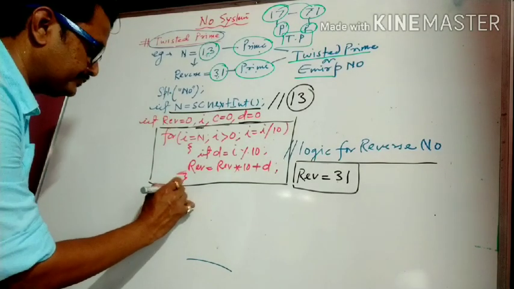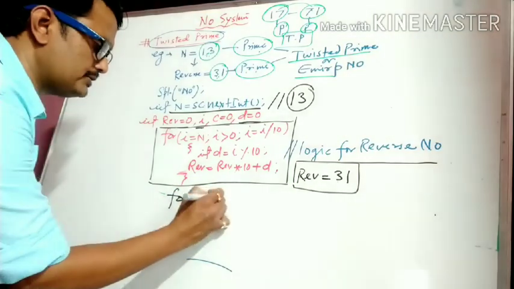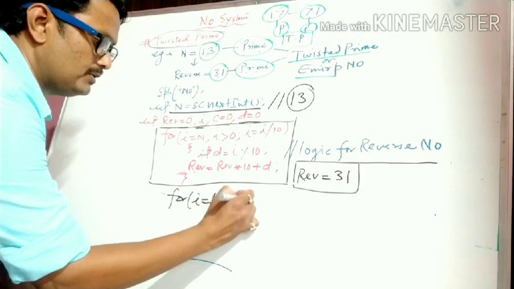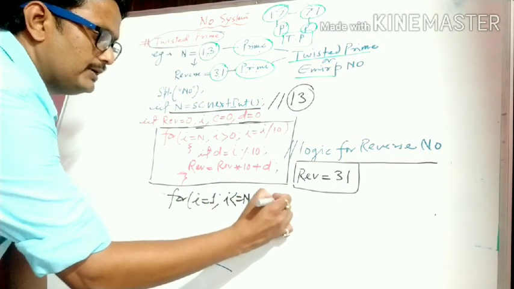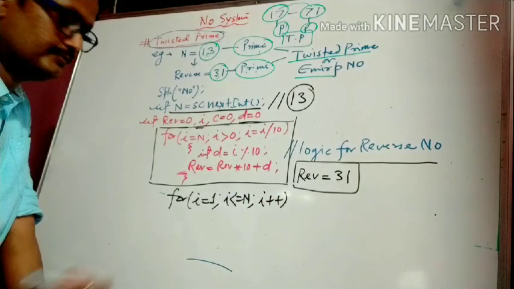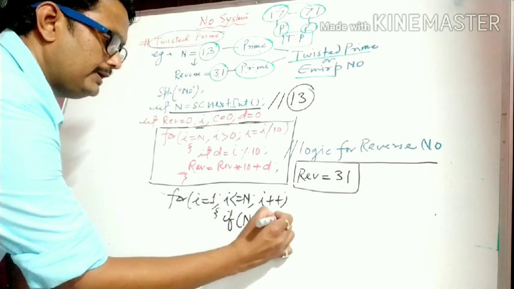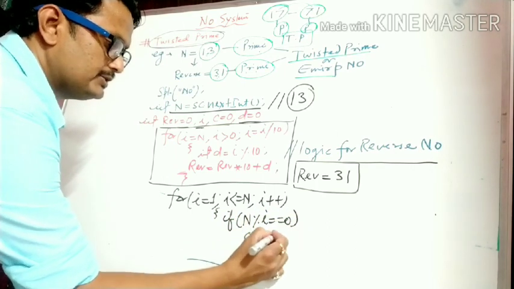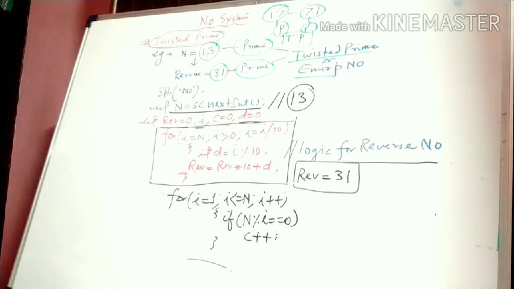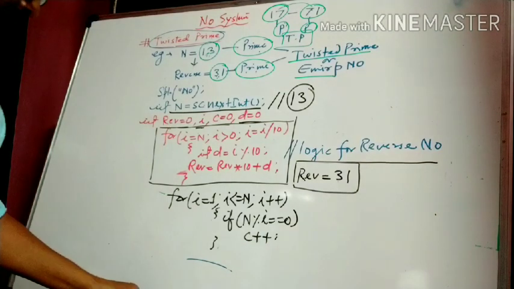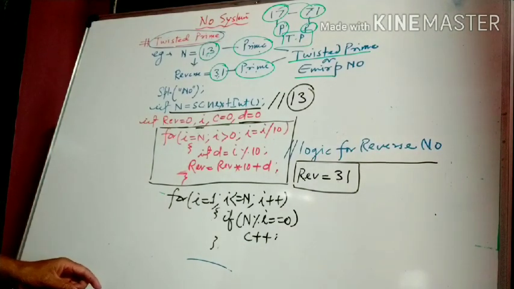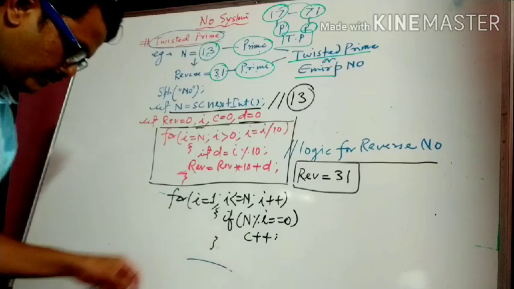You count the total number of factors of your original number. for i is equal to 1, i less than or equal to n, i plus plus. If n modulus i is equal to 0, c plus plus. So this is the logic to check whether the original number is prime or not.